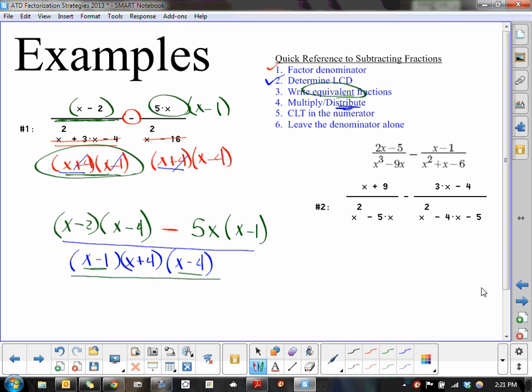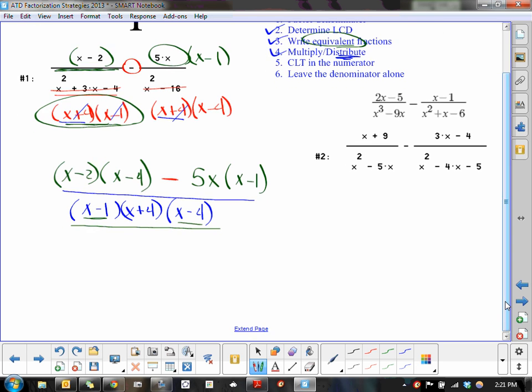Now, did I put the 5x in parentheses? Why is it not that big a deal? Because it's a monomial. If you do put it in parentheses, it isn't going to be a big deal, but typically we don't with monomials, so I'm going to take them back out. So after we get done writing equivalent fractions, now we're to multiply or distribute. You see some distributing that you can do?